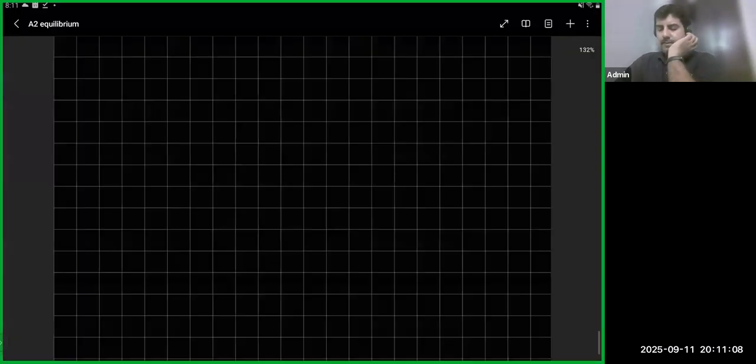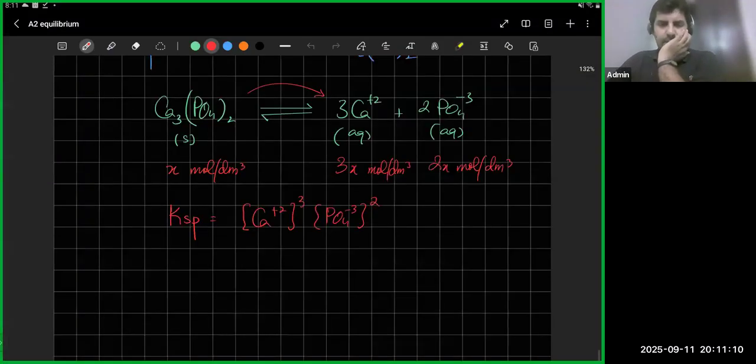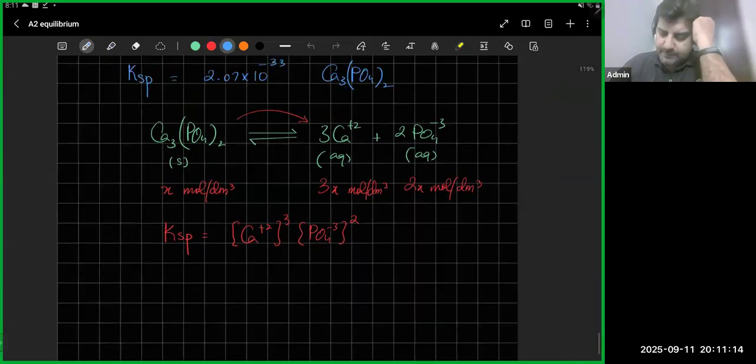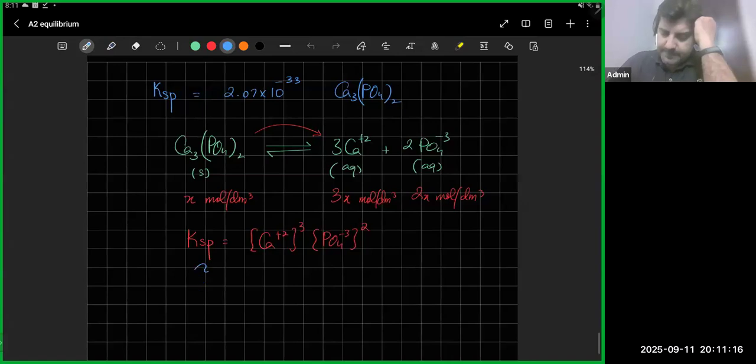Okay, so coming back to this, I know the expression, and I know the KSP value which was given. It was 2.07 times 10 power minus 33.